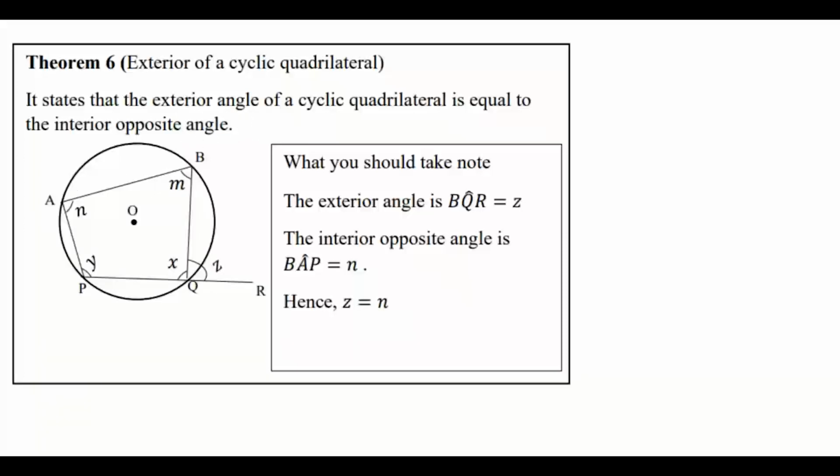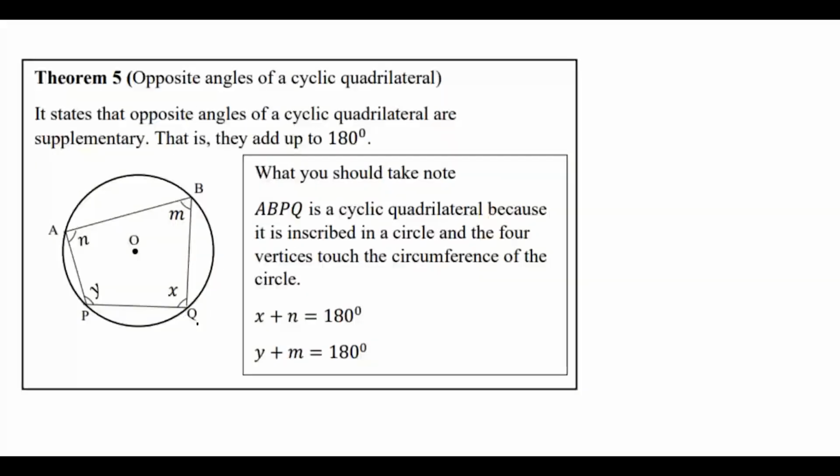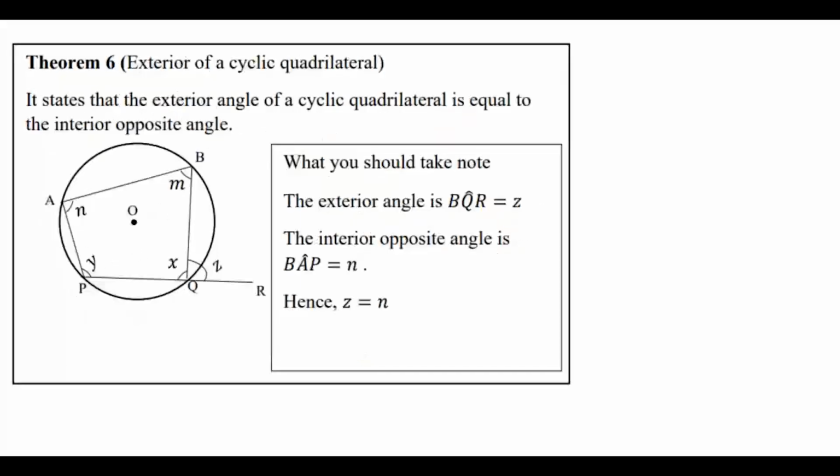So if you look at this very well, from the cyclic quadrilateral you just have two theorems. The first one is that the opposite angles are supplementary, that is, they add up to 180 degrees, and the second one is this: the exterior angle is equal to the interior opposite angle.